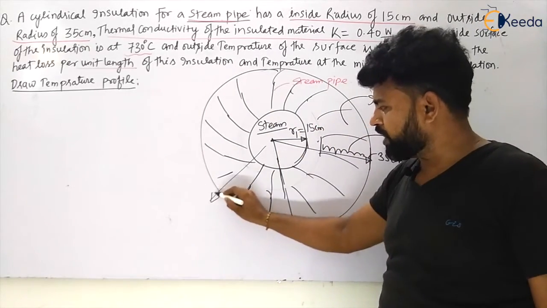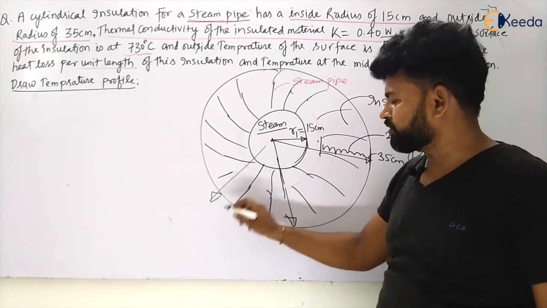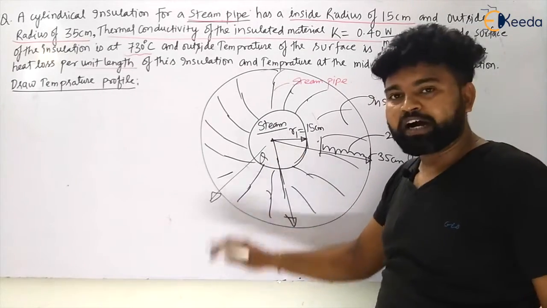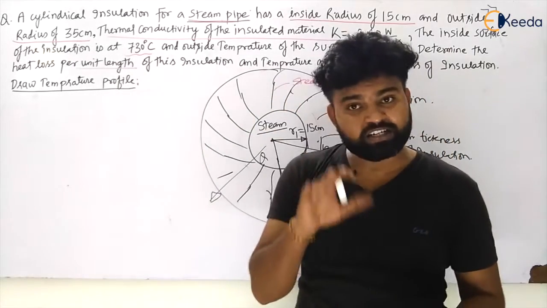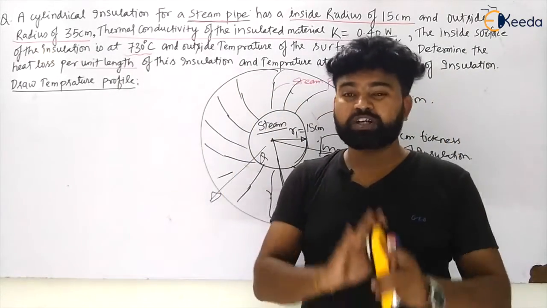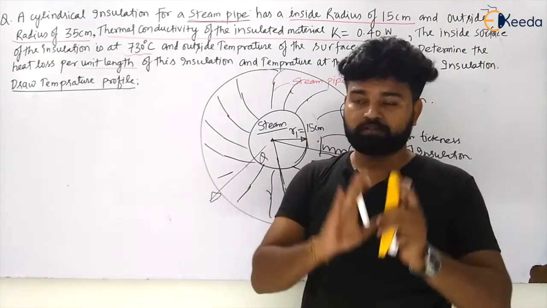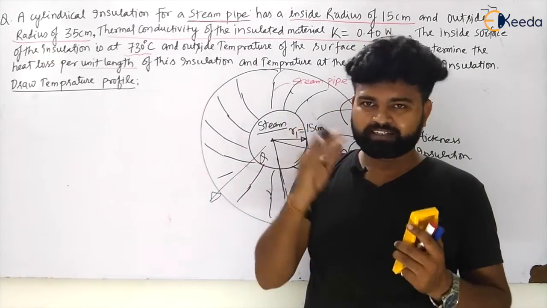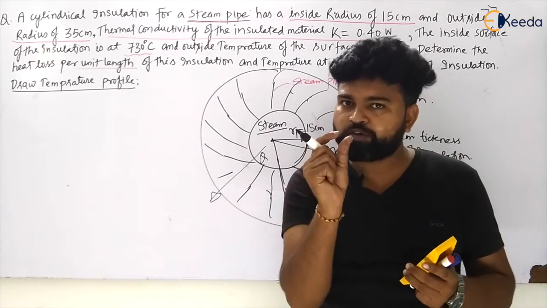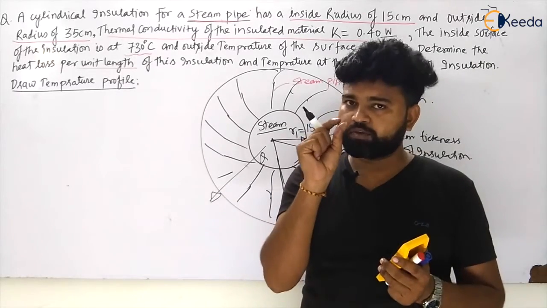The heat of this steam will go outside, due to which the steam will be condensed. And this steam is going into large turbines which are very costly, up to 10 to 50 crores.